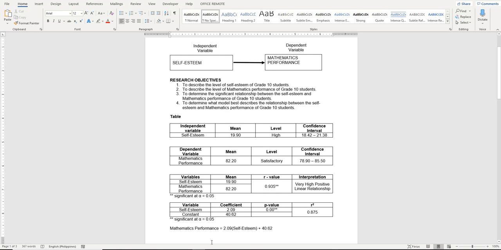So our model is this one: the mathematics performance equals 2.09 times the self-esteem score plus 40.62.